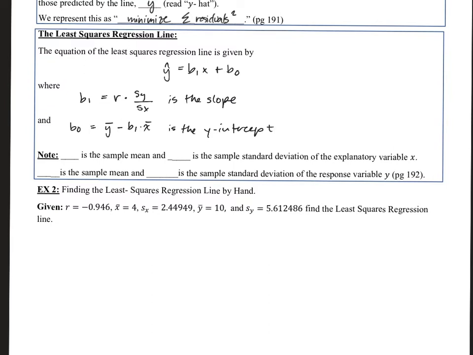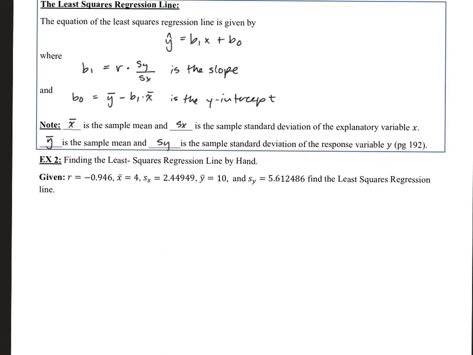Note, x bar is the sample mean and s sub x is the sample standard deviation of the explanatory variable x. Similarly, y bar is the sample mean and s sub y is the sample standard deviation of the response variable y.